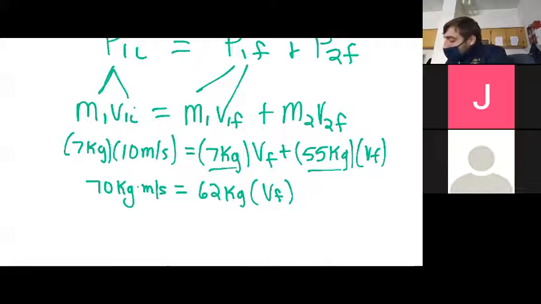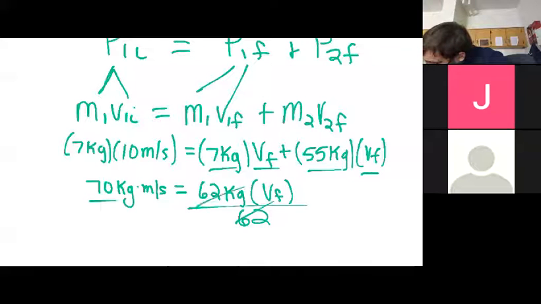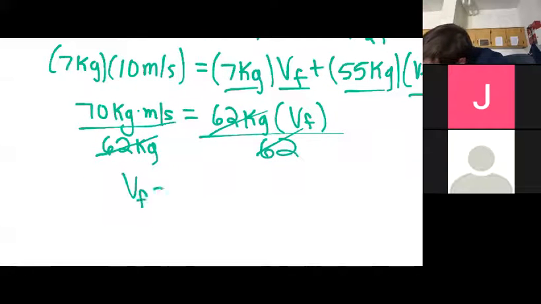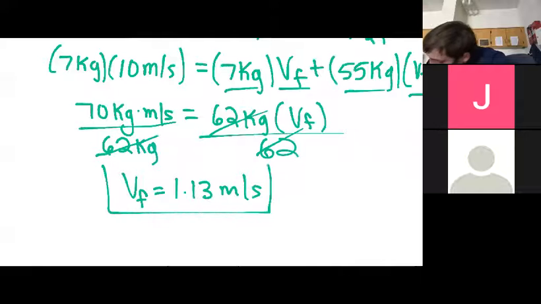So I can make that V1F and V2F just a VF, a final velocity for both of them. And then very simply, divide out 62 kilograms, divide out 62 kilograms, and get a final velocity of 1.13 meters per second.